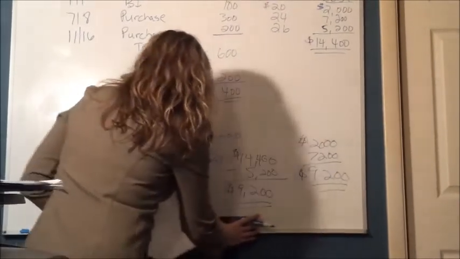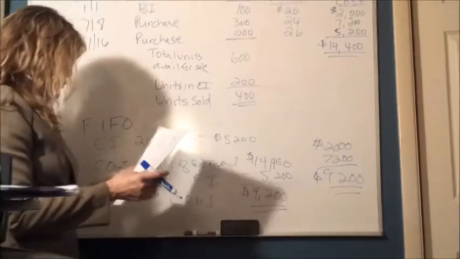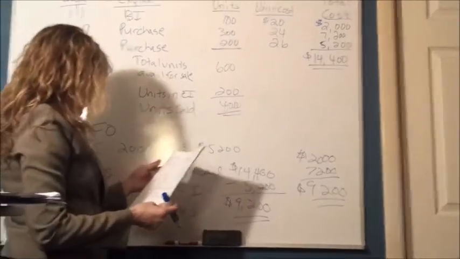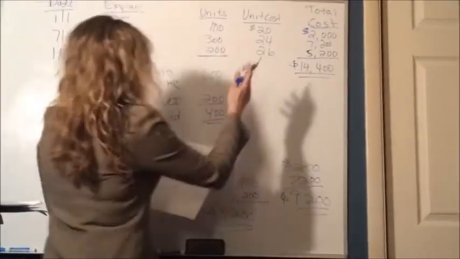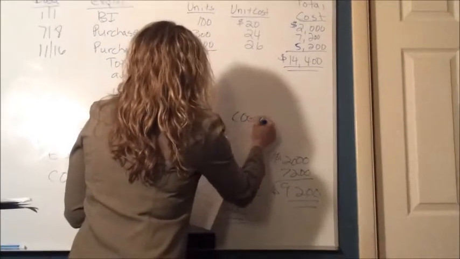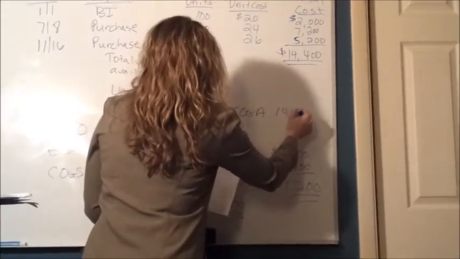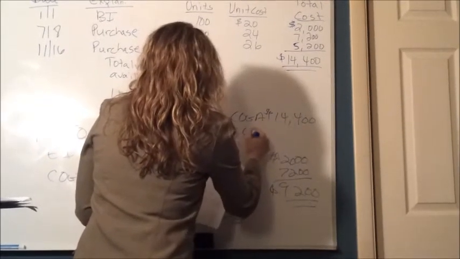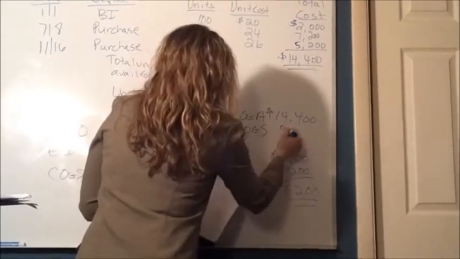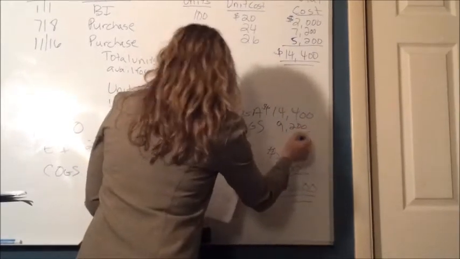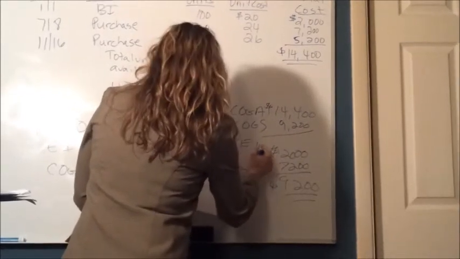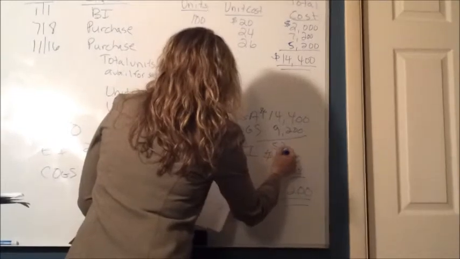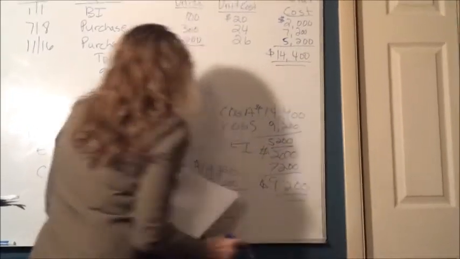And in this case, if we wanted to determine our ending inventory, we can simply take our cost of goods available of $14,400, subtract out our cost of goods sold of $9,200, and that would give us our ending inventory, which is $5,200.